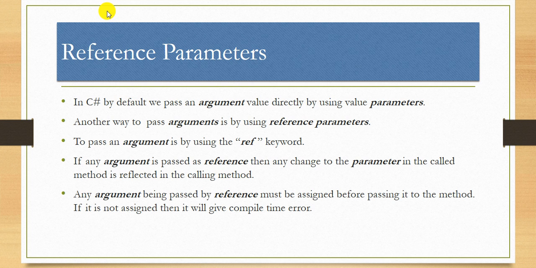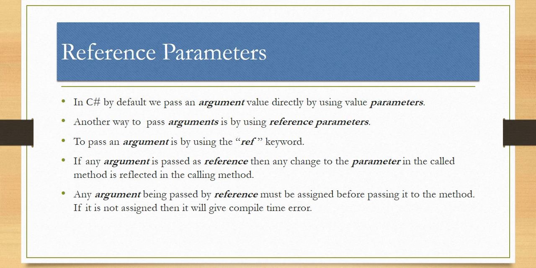I'll show you that in the Visual Studio demo. And if any argument is passed by reference, then any change to the parameter in the called method is reflected in the calling method. I'll show you that too in the Visual Studio demo.